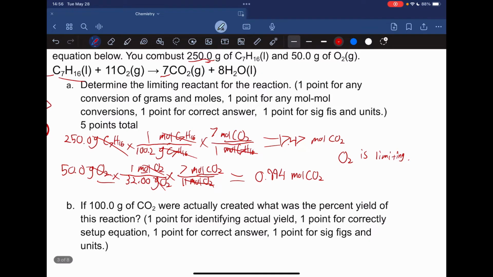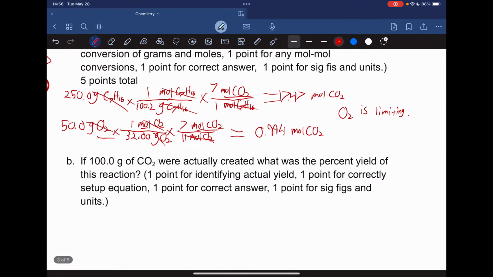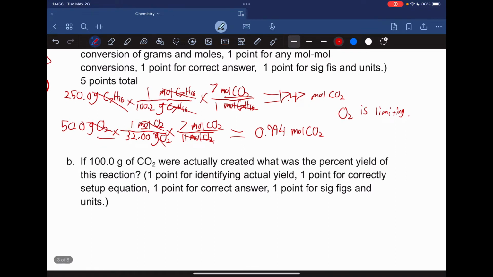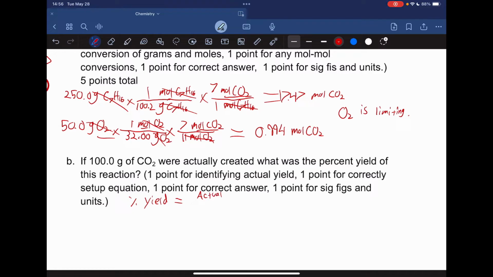And that's the answer. If we go to part B, it's asking, okay, now what if 100 grams of CO2 were actually created? What was the percent yield? So percent yield, the equation for this is equal to the actual yield divided by the theoretical yield, times 100% just to turn it into percent form.